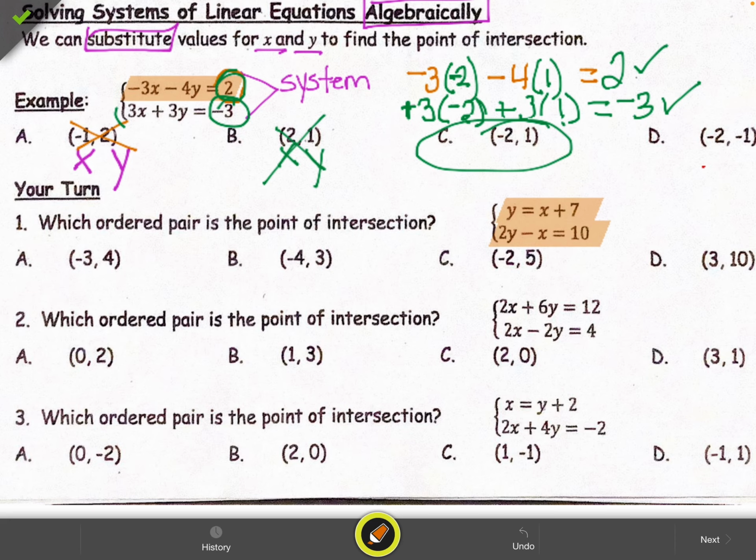So also the nice thing about Desmos is you don't have to solve your equations for y. If we were using the handheld graphing calculators, the TI-84s and 85s and 83s, you actually have to solve every equation for y before it would graph it for you. So good news is we don't have to do that.